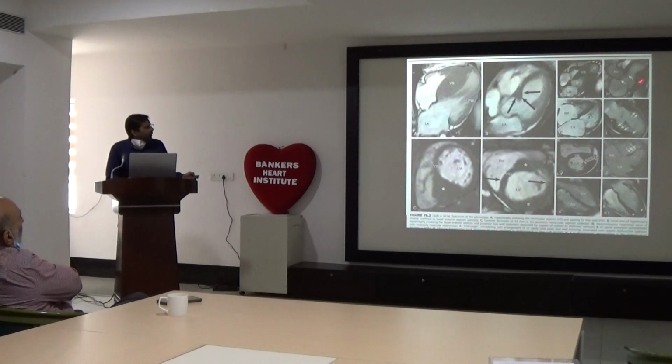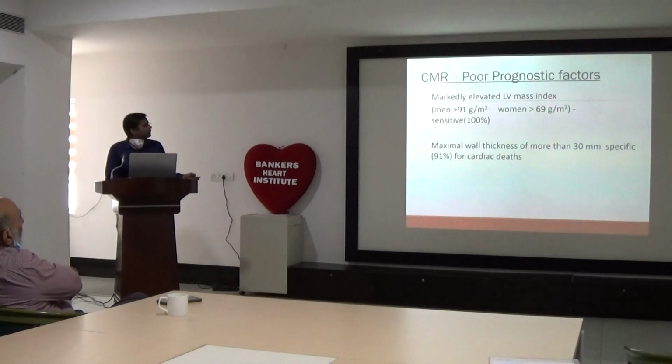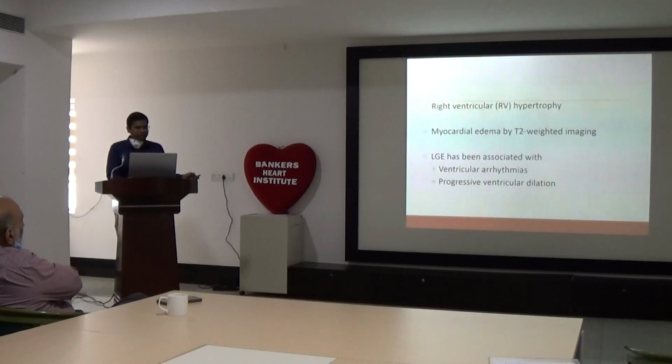A poor prognostic factor in the MRI is a markedly elevated LV mass index, and a maximal wall thickness of more than 30 mm is specific, meaning 95% specific for HCM, and it is a stronger prognostic indicator of cardiac death, sudden cardiac death.